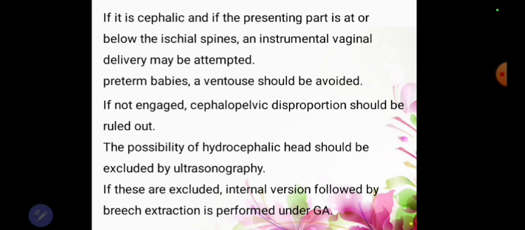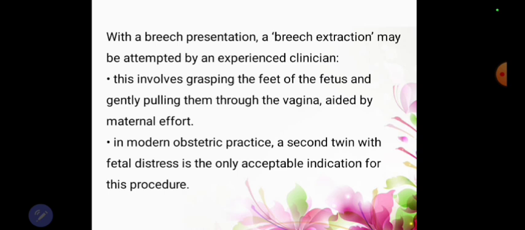We talked before about external cephalic version. There is also internal podalic version, which we will discuss shortly. After internal podalic version, we perform breech extraction. With the breech presentation, breech extraction may be attempted by an experienced clinician.